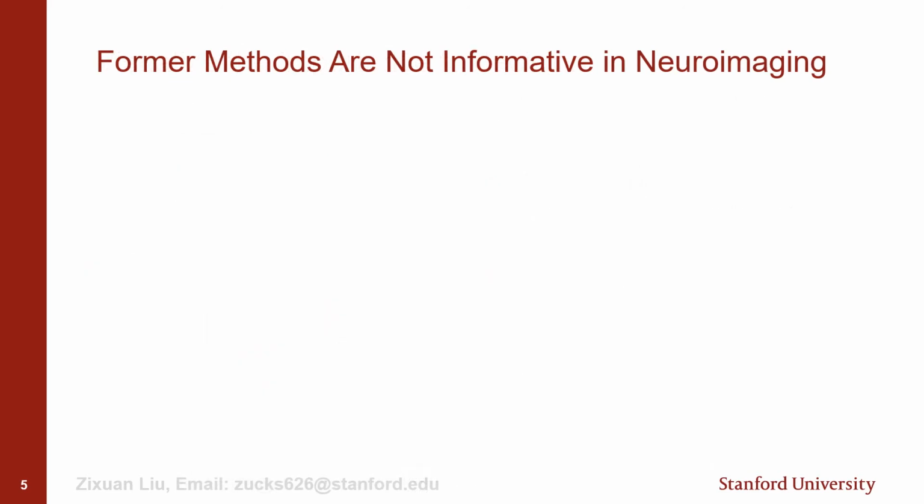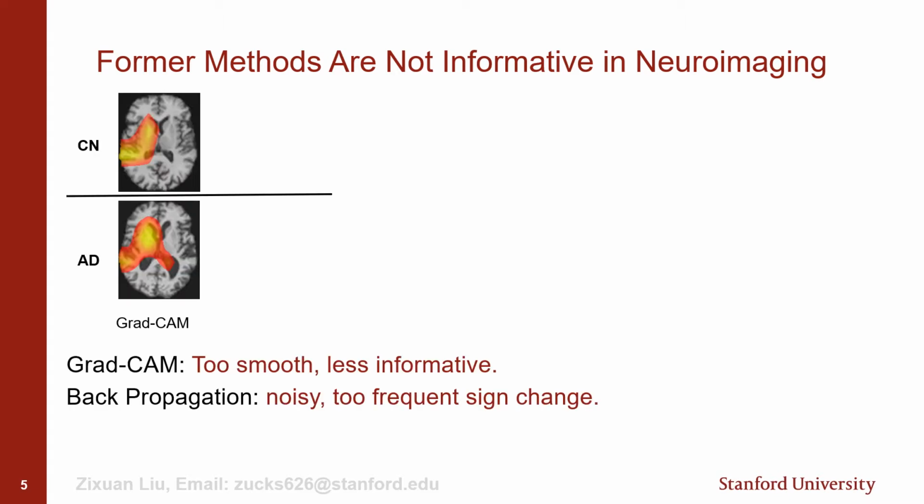These methods are widely used in classical image classification visualization tasks and achieved good qualitative performance. However, when directly applying these methods to neuroimaging studies, it turns out that they are not that informative. For example, the popular GradCAM method tends to give overly smooth results and cannot locate precisely the meaningful regions with respect to the disease effect.